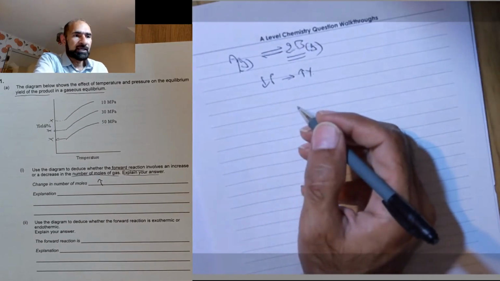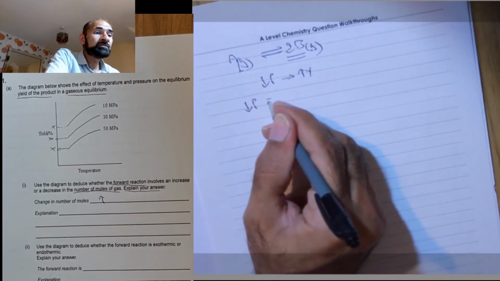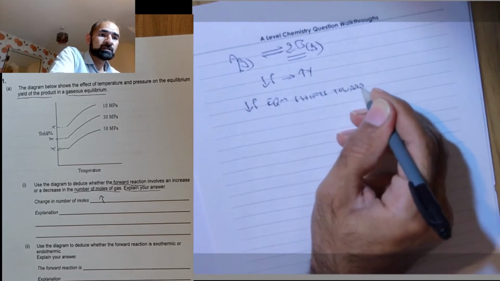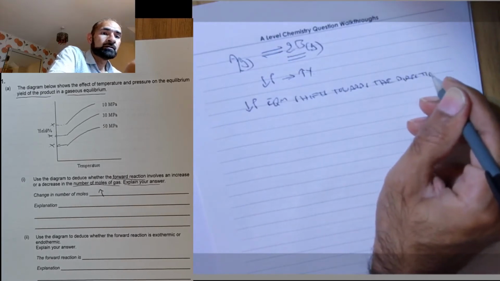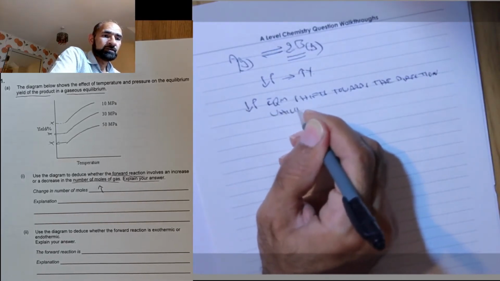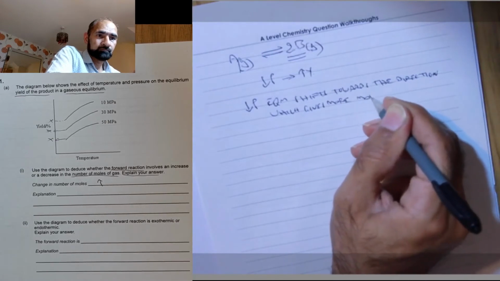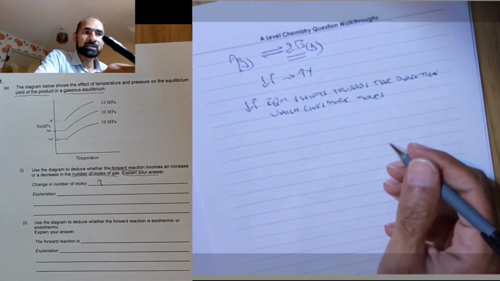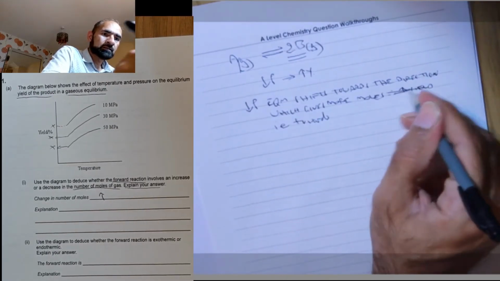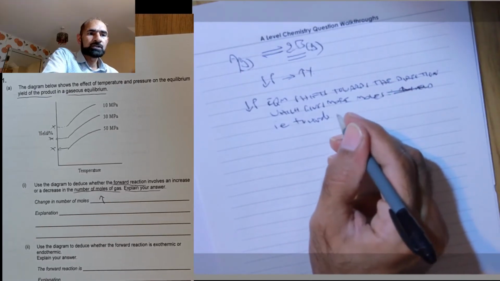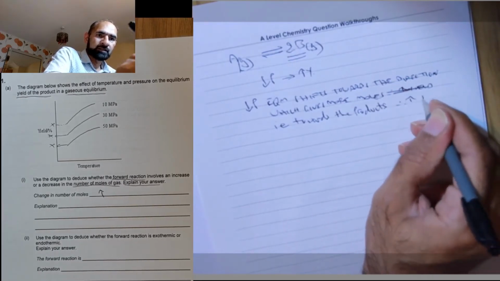So the way you have to explain it is that as the pressure decreases, the equilibrium shifts towards the direction which gives you more moles, i.e. towards the products, therefore increasing the yield.